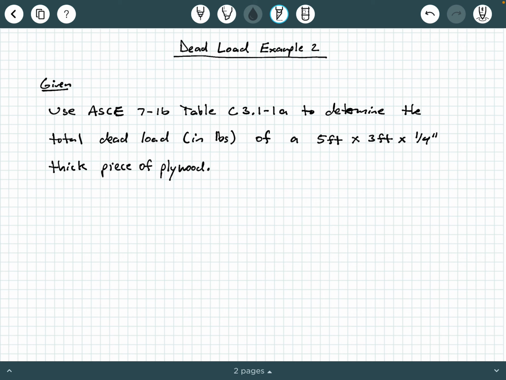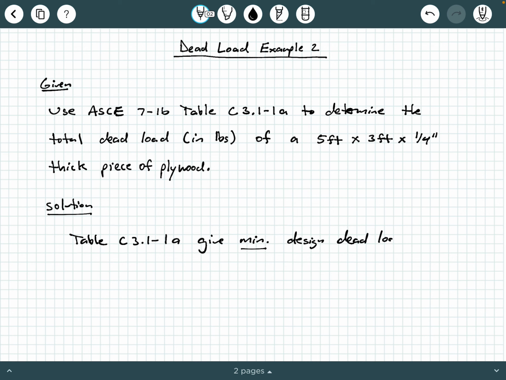But in this particular example, we're being asked to use this specific table. So let's make a note so we understand what this table is. Again, Table C3.1-1A gives minimum design dead loads in terms of force per area, like PSF.